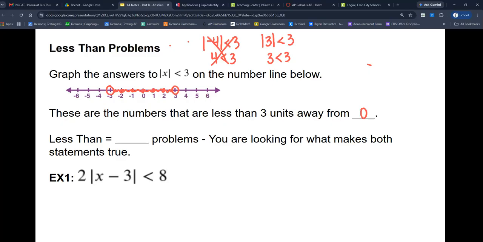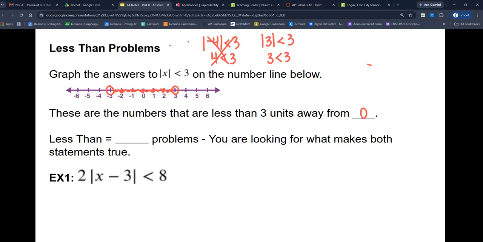Now, not always, but most of the time, we'll look at some exceptions at the end of these notes. Most of the time, your answers are going to be between 2 numbers. So here, my answers are between -3 and 3. We were looking for numbers that are both less than 3 but greater than -3.